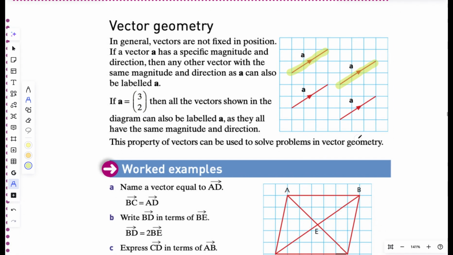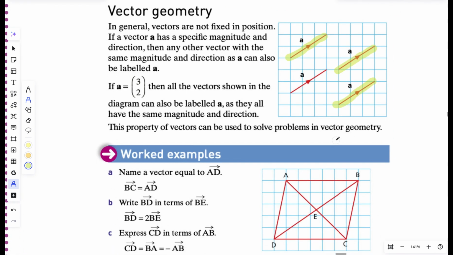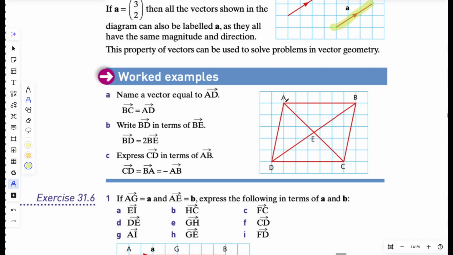So what this means is that whatever value this vector is, if you call it A, that's what this vector will be if you're moving from D to C. If you're moving from A to B, it's same as D to C. If you're going from C to D, it will be the negative of whatever A to B was.